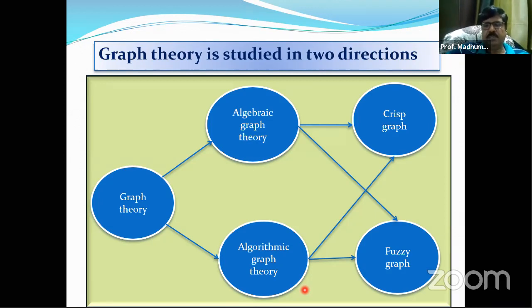So there is a very big area for research in algorithmic fuzzy graph theory. Recently I published a book on modern trends in fuzzy graph theory, published by Springer.